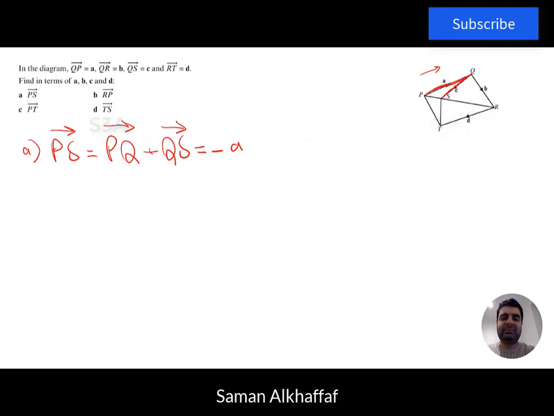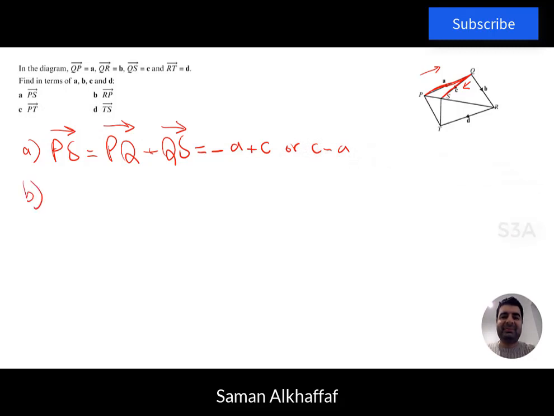So we'll follow the right direction, because as we are moving in this direction, it will be plus C. In this scenario, we can either keep it as it is, or we can write it as C minus A. And this will be our answer for part A.